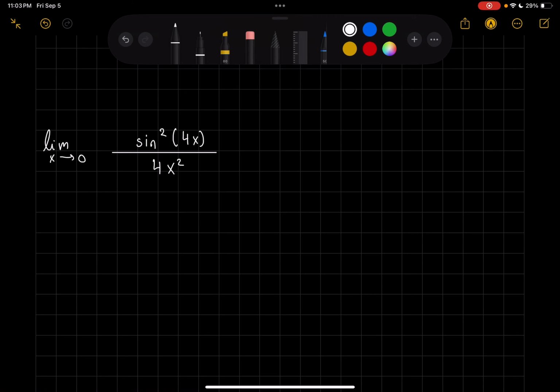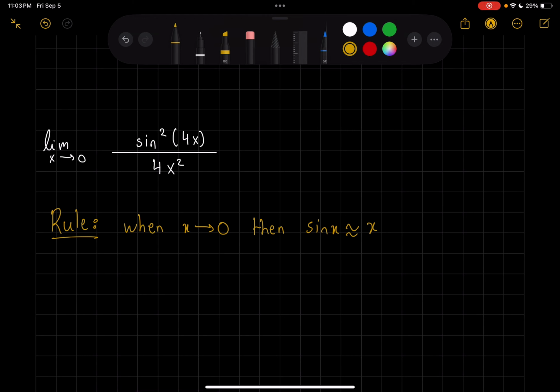We come to our final question. Sine squared 4x over 4x squared as x is going to 0. It's a very easy question, but you need one rule to solve, and that is every single time, only when x is going to 0, then sine x can be considered as x. Okay?